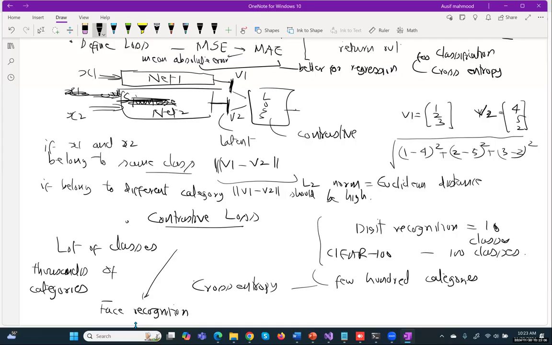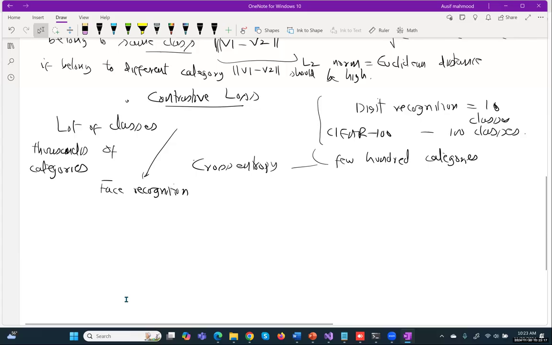Maybe once quantum computers come, it will be okay, but as of now, no. So just to give you an idea, what do we do in face recognition? We use either Siamese or triplet networks.